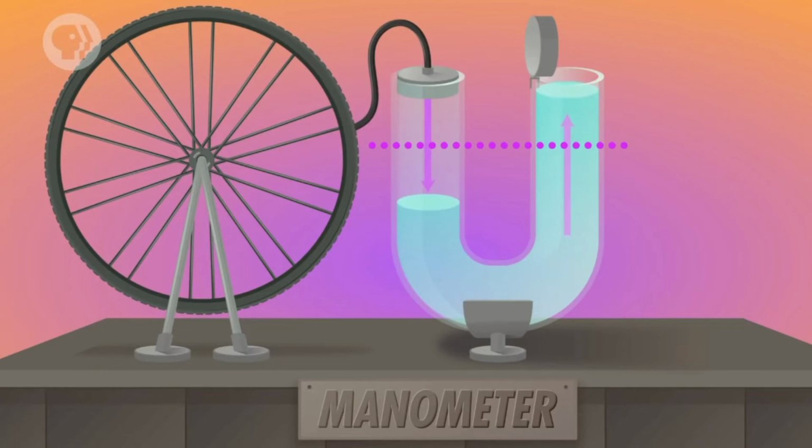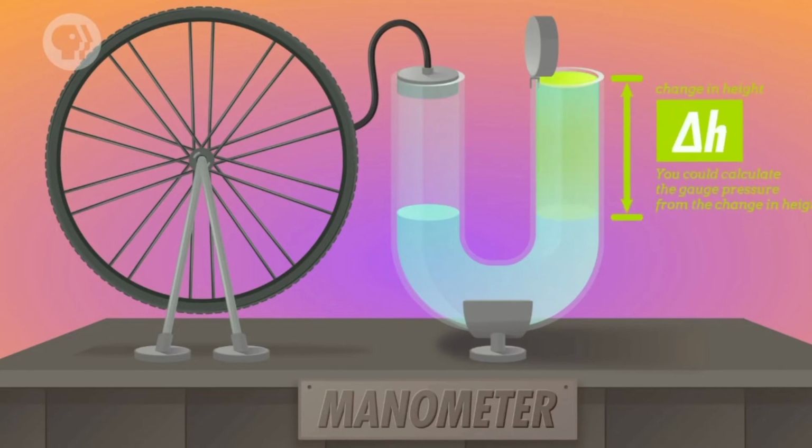If there's a difference in the pressure on each side of the manometer, whichever side has the higher pressure will push the fluid away from it, creating a difference in the height of the fluid on either side of the U. In this case, the inside of the bike tire has a much higher pressure than the atmosphere, so the level of the side of the U that's closer to the tire will be lower.